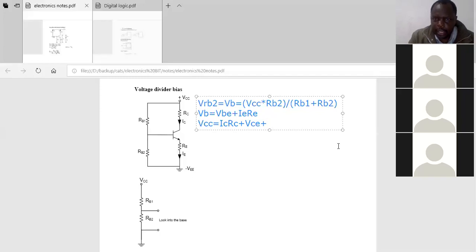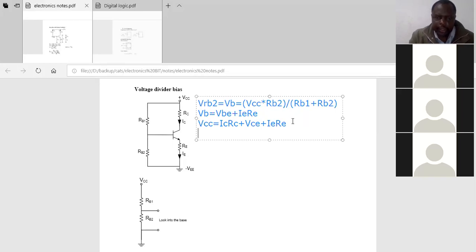What do you indicate there, guys, after the plus sign now? What do you put there? Should be IE or what? RE, because we are looking at this voltage, and this voltage. Please note that that's what we are supposed to have.